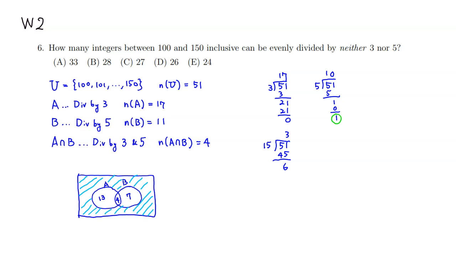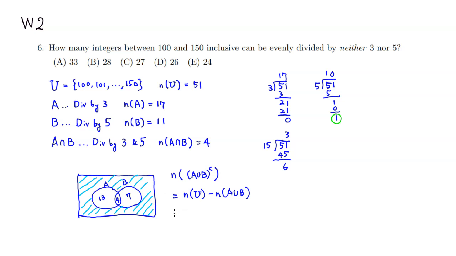Which means that we're looking for the complement of A union B. To do that, all you have to do is find the total number and subtract the number inside A union B. So how do we find A union B?